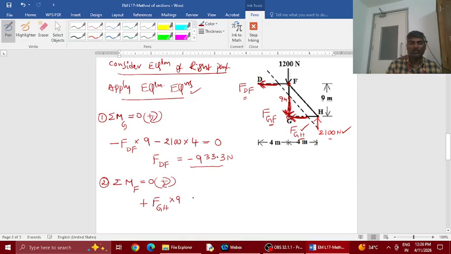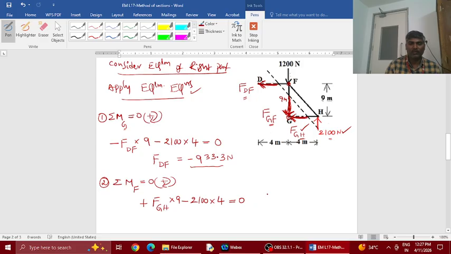Now 2100 force multiplied by perpendicular distance from G till this force is 4 meters. This force is trying to rotate this GH line anti-clockwise, so it is minus. That's all, only two forces generate moment.